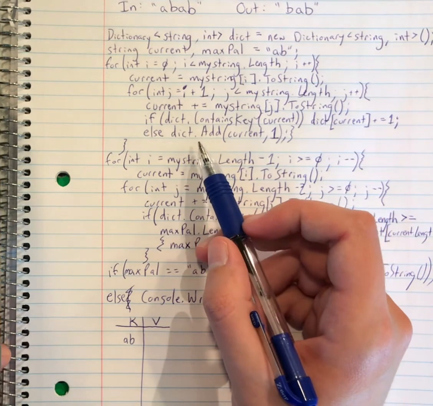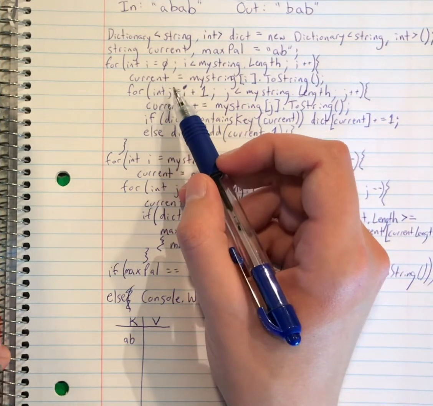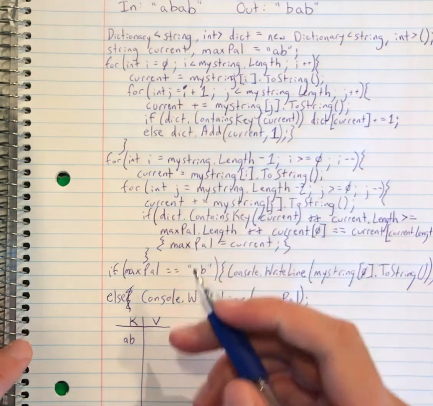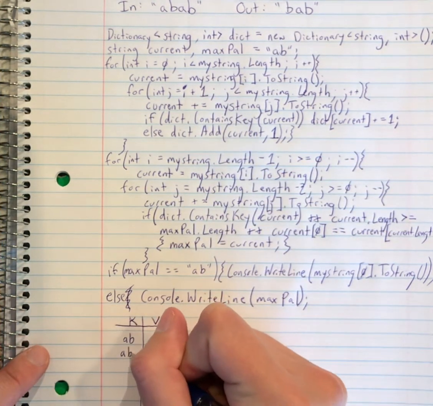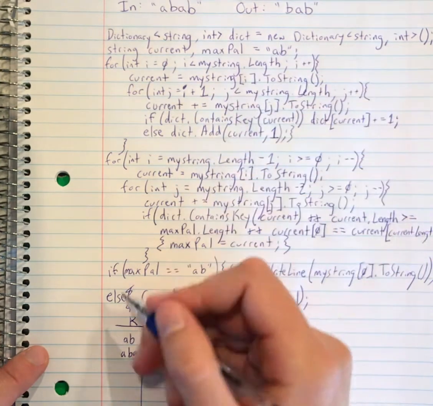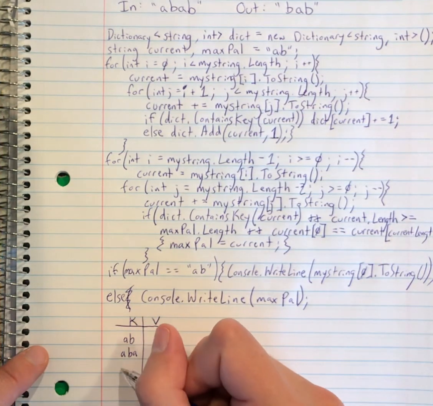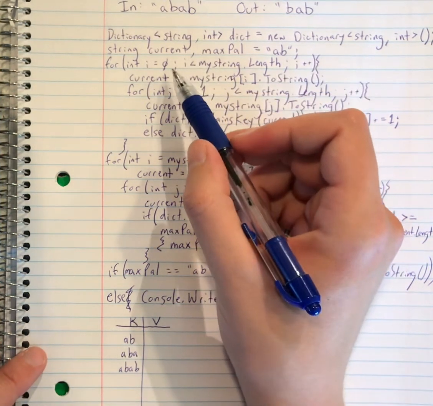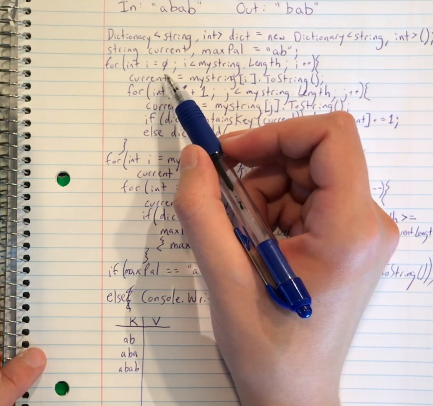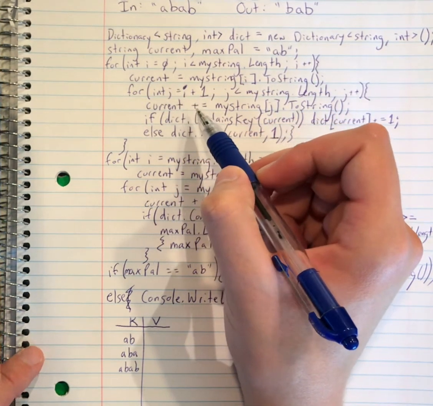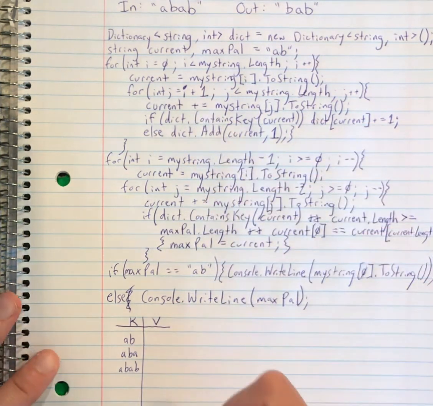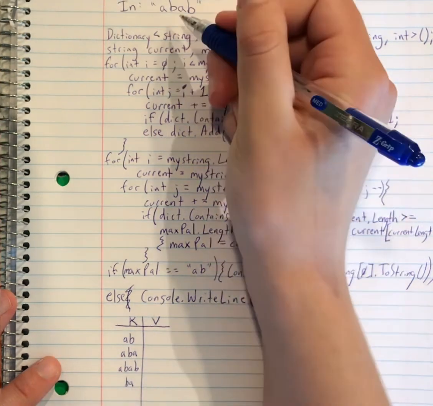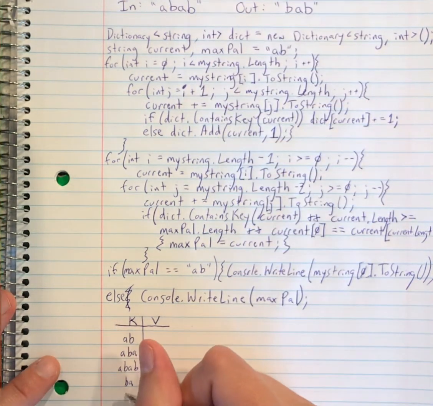Okay. So we go through again in this inner loop and we input ABA, and we go through one more time and we input ABAB. Next we start at I equals 1, so the first one is B, the second one is A. We input BA for current, then we input BAB.